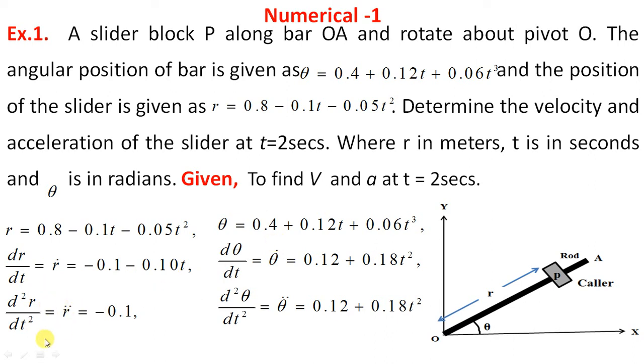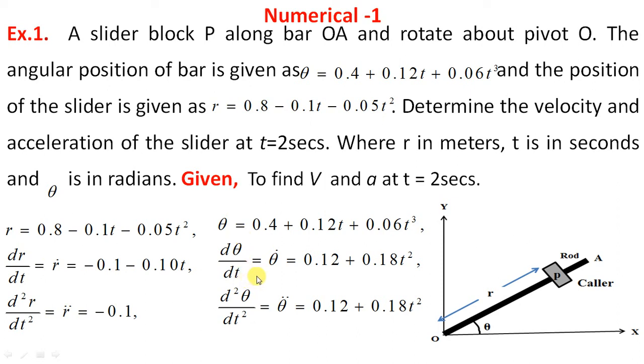Then d square r upon dt square, the double derivative of r: we differentiate r dot with respect to t, which gives minus 0.1. So now we have found r dot and r double dot.